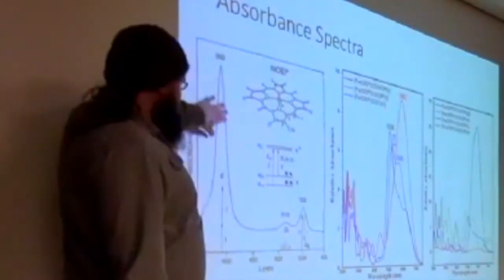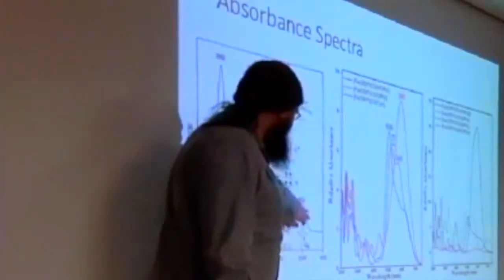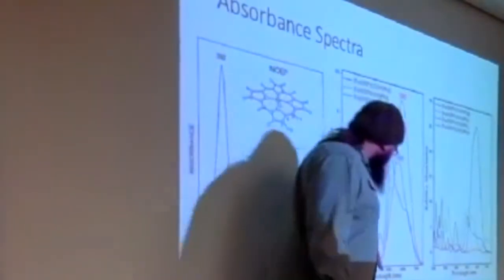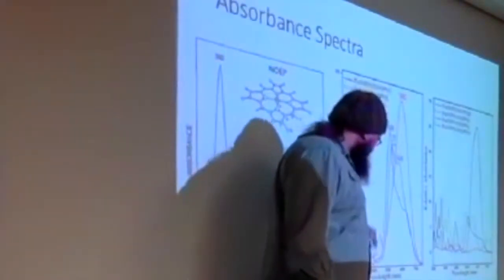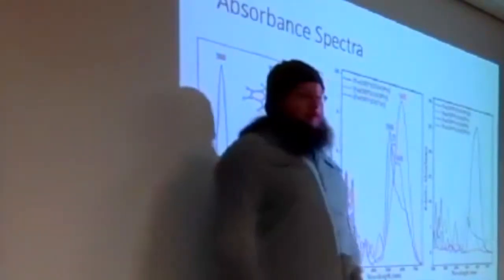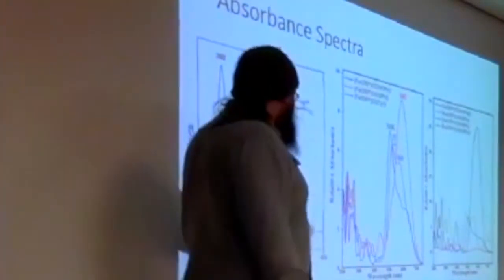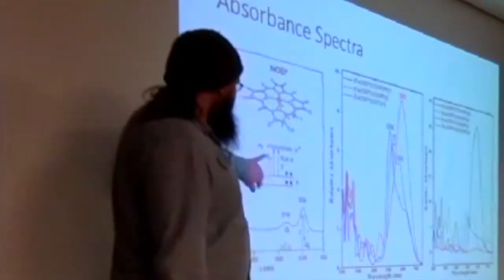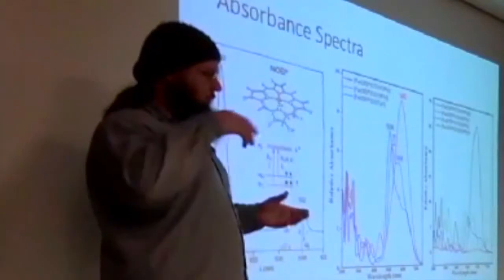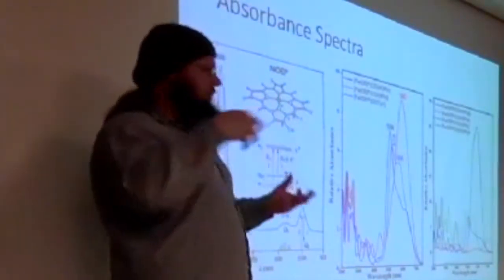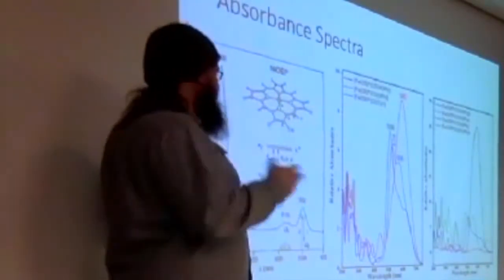So you can see here, it should be something around 400 and something around 500 or so. Well, right here around 400, there's not much going on for absorbance intensity. And the reason is the heme, or the porphyrin ring, interacts very interestingly with itself.